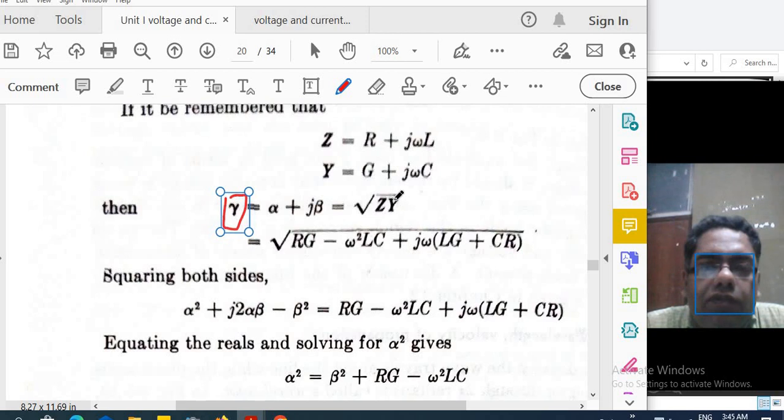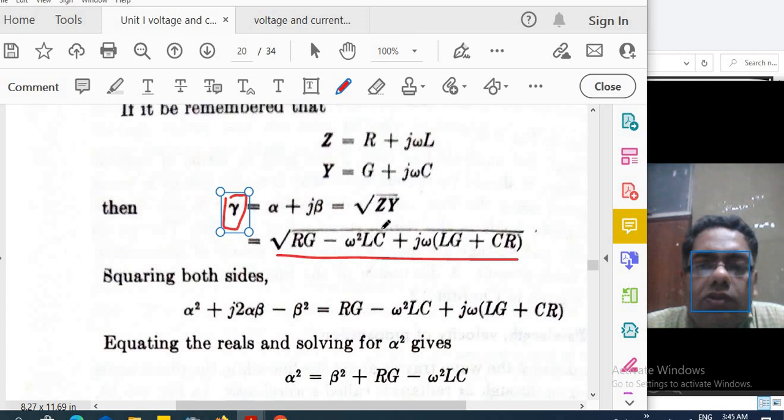If we put the value of z as r plus j omega l and y as g plus j omega c, we will get this expression. Inside the square root, we have to write in terms of alpha plus j beta. So if we square this, alpha plus j beta is equal to this term.